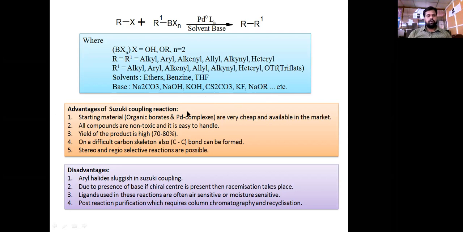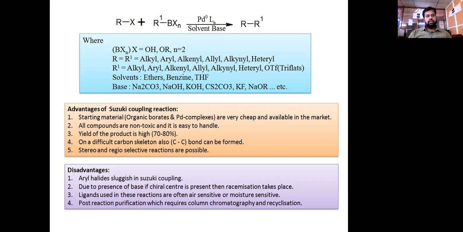So what are the advantages and disadvantages of this Suzuki coupling reaction? The advantages: the starting materials, that is organoborates and palladium complexes, are very cheap and available in the market. All compounds are non-toxic and easy to handle. Yield of the product is high, mostly 70 to 80%, and sometimes we get 90% yield also.